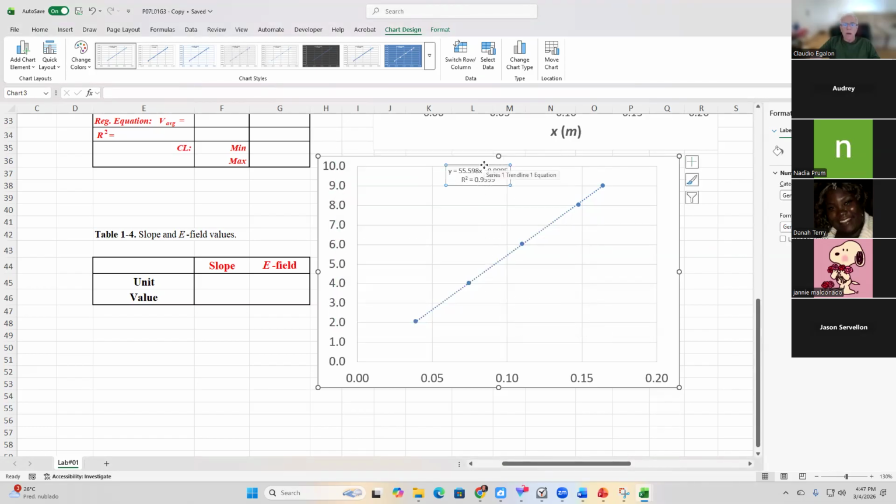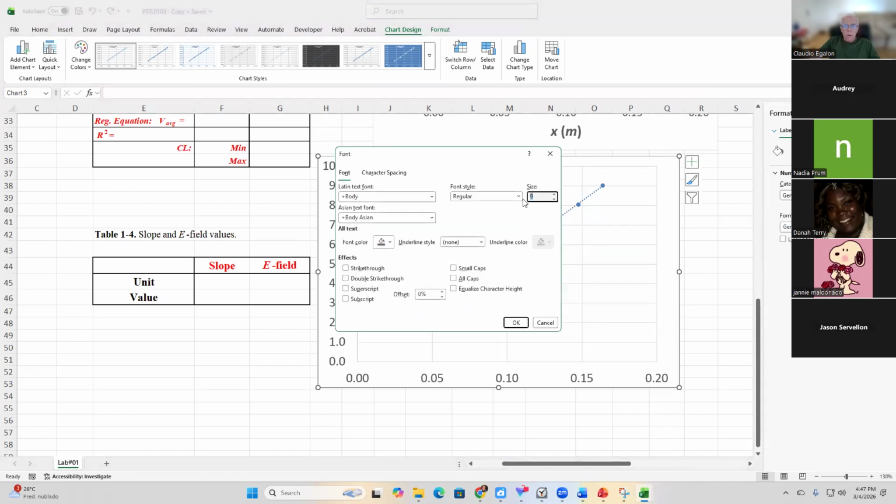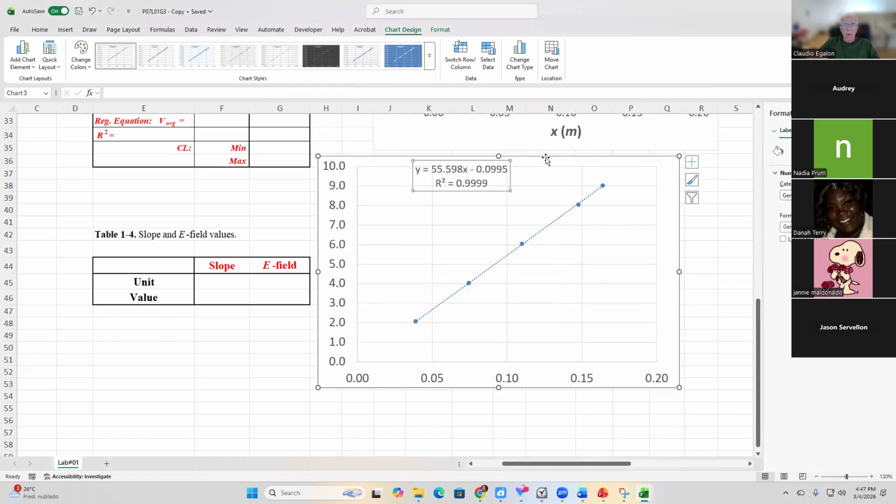It didn't increase in size. Why is that? Let me try something else. 14. What about now? Okay, now it increased. Okay. Make it easier for us to read everything that's here.